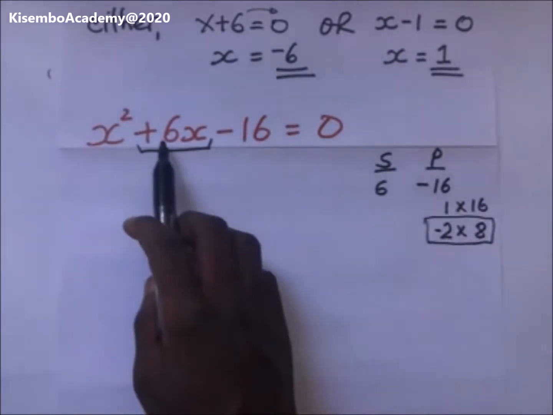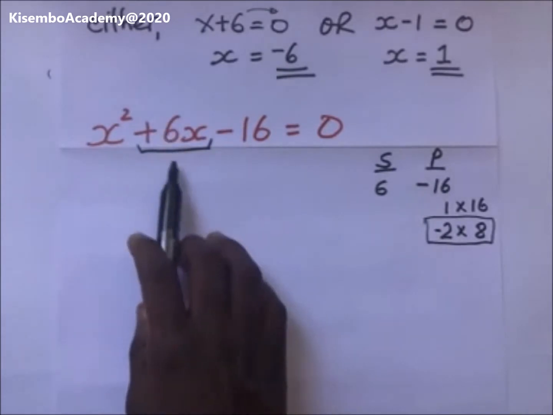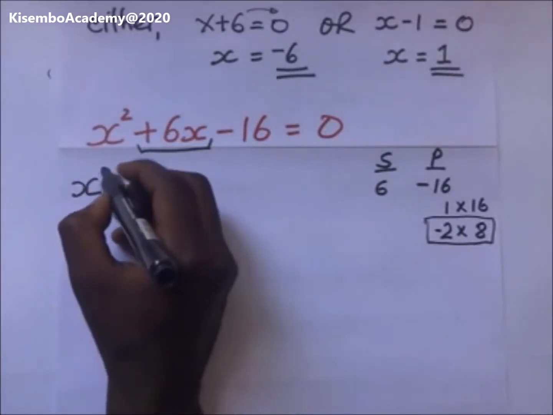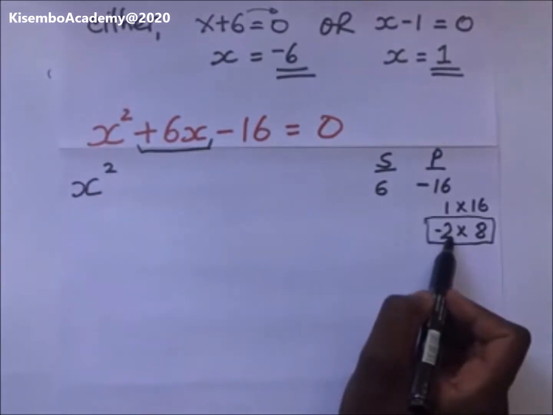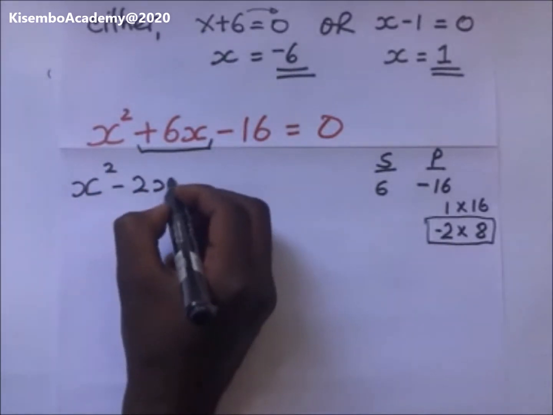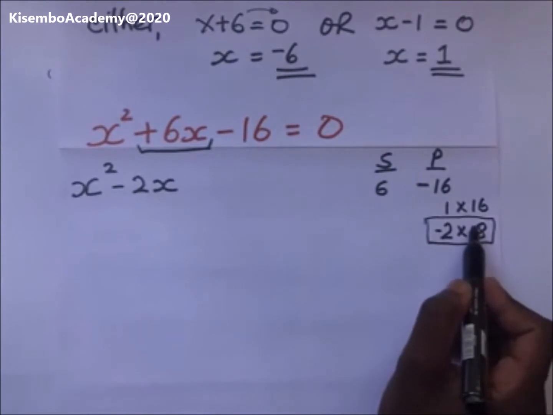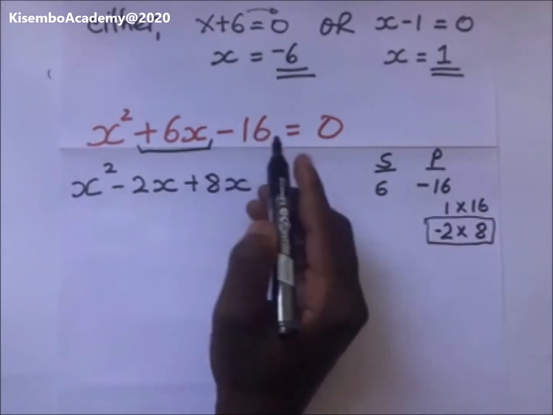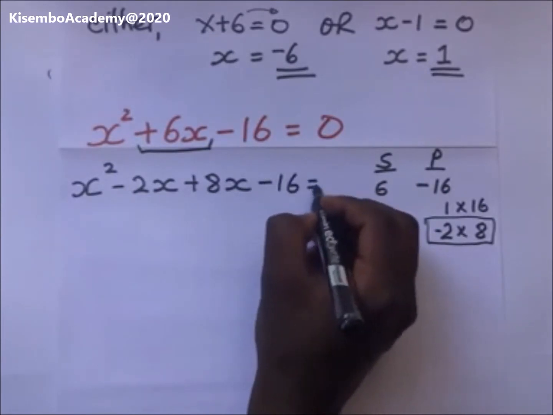These are the ones we are going to use to displace this middle term. So our next step is going to become x squared minus 2x plus 8x minus 16 is equal to 0.